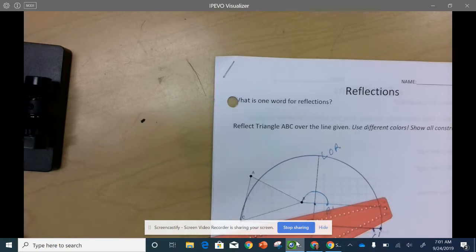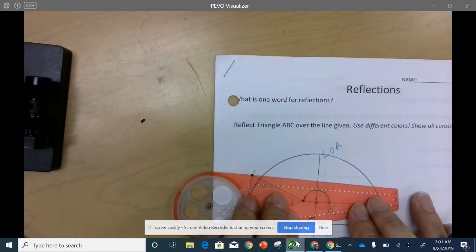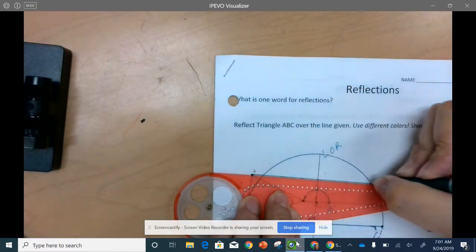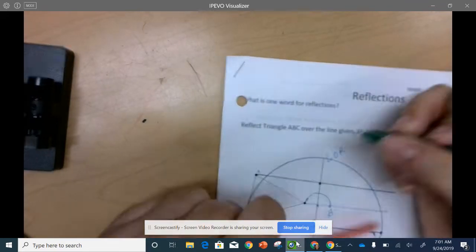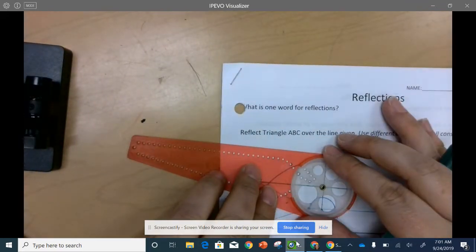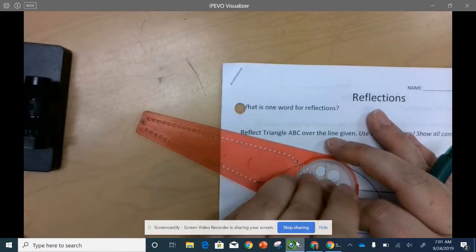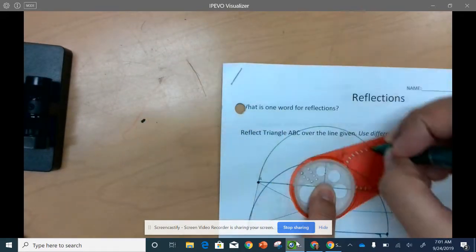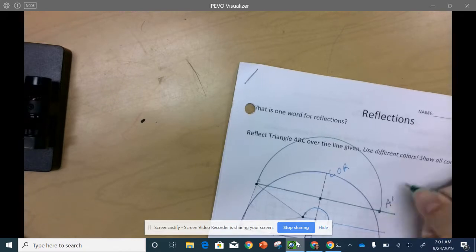I do the same steps with A. So I'm going to draw my perpendicular line, line of reflection. Put my pivot point, the middle of our compass, on here, line it up. So see which one matches. We draw a arc. That's A prime.